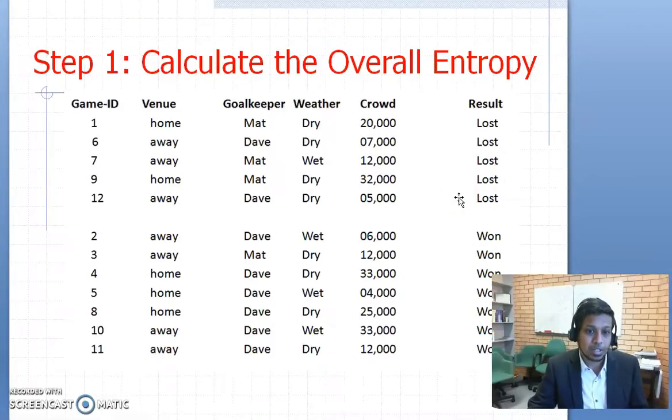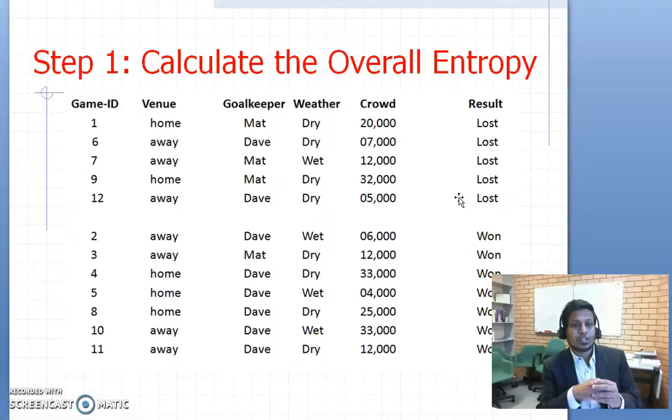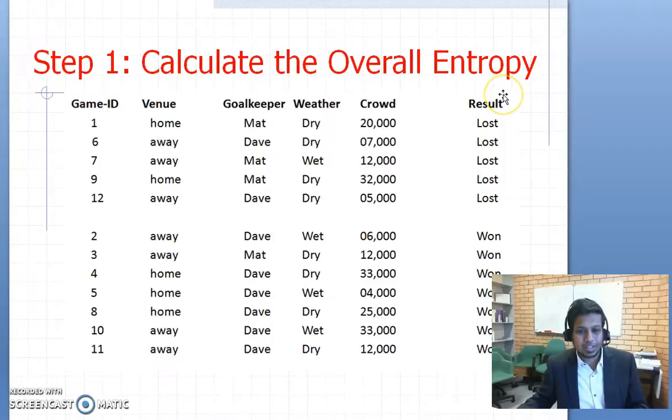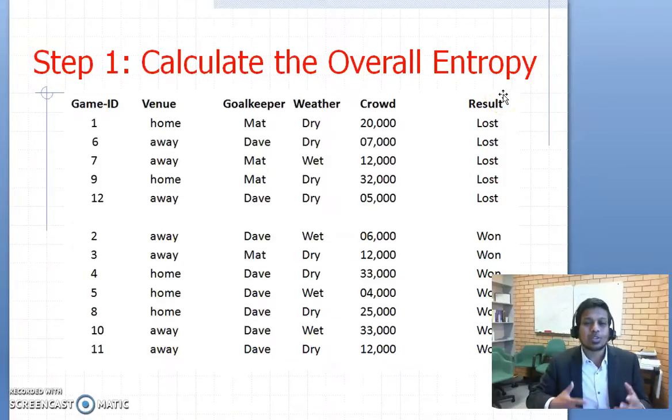By uncertainty, what I mean is that if I, for example, ask you to pick one record randomly and tell me the value of the attribute result for that random record, how certain can you be? Let me give an example.